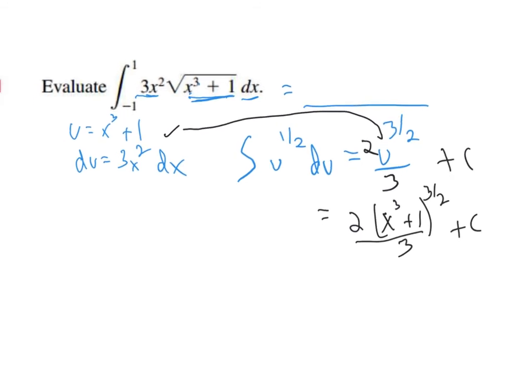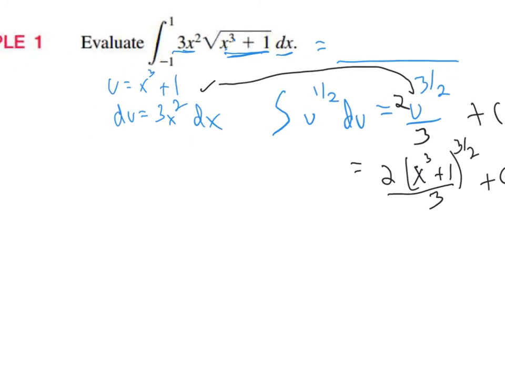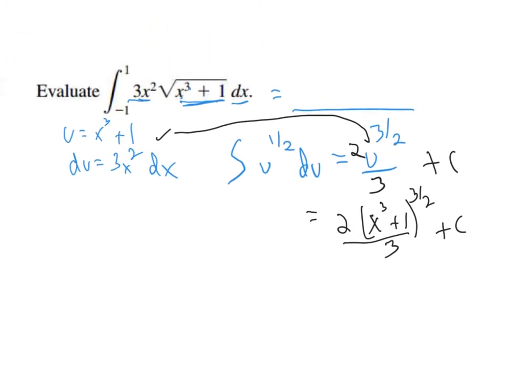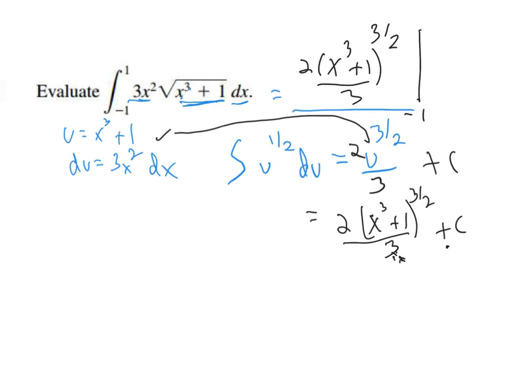Now, to make it back into this problem, since I've converted this back, I can literally say 2 times x cubed plus 1 to the 3/2 divided by 3, but not plus c, from -1 to 1.